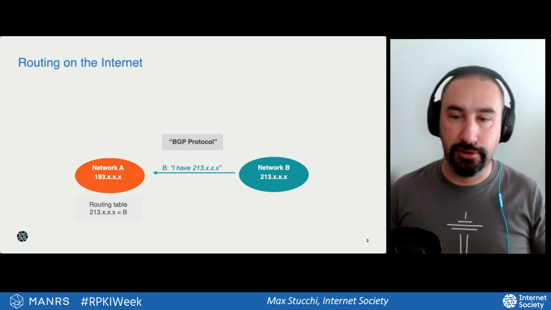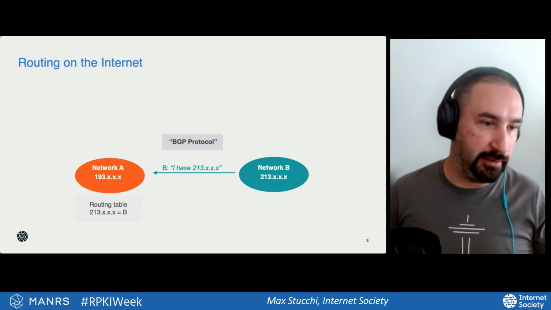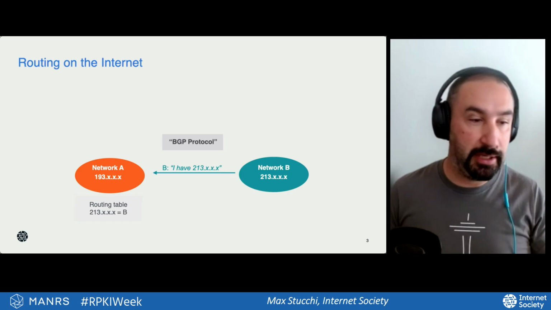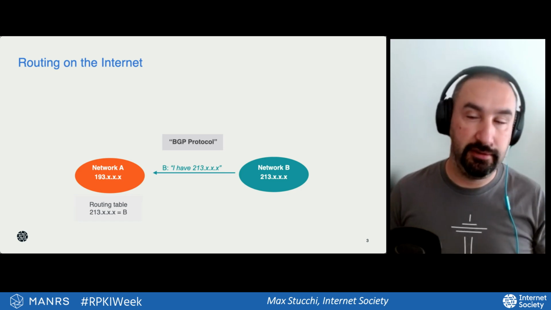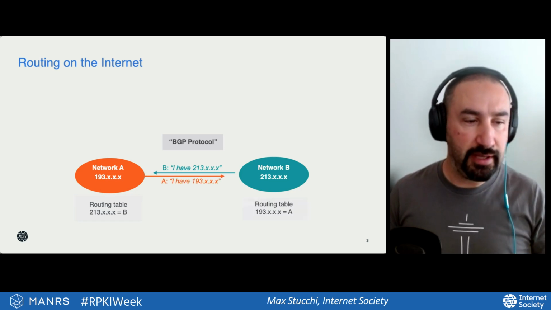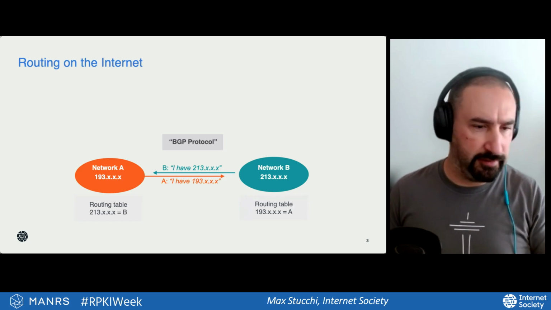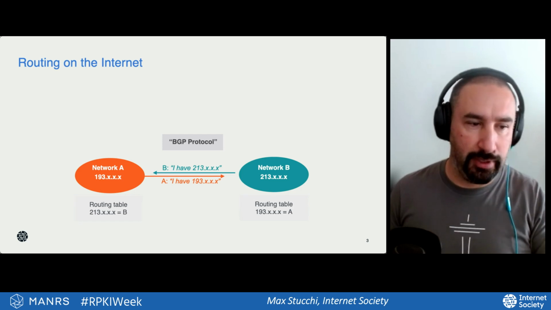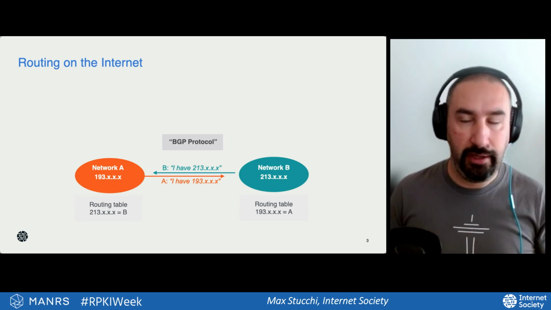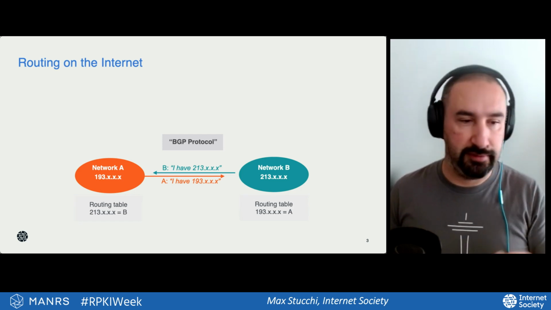You can do your checks. You can verify that that's the best path to reach it, but then you install it in your routing table. The same happens the other way around. If I am network B, I receive the announcement from network A that says my prefix is 193.xxx, and I can install it in my routing table.